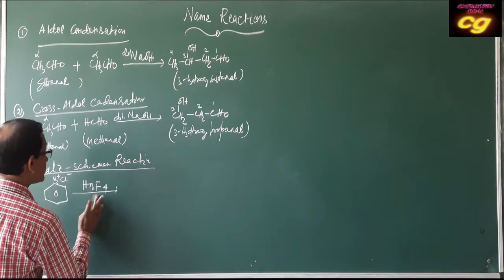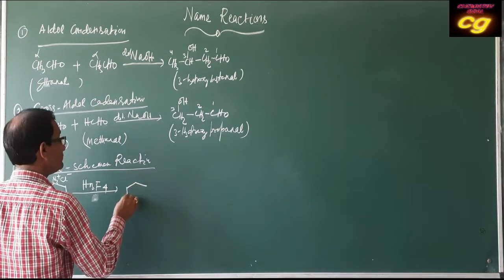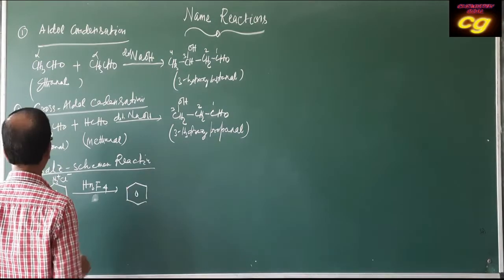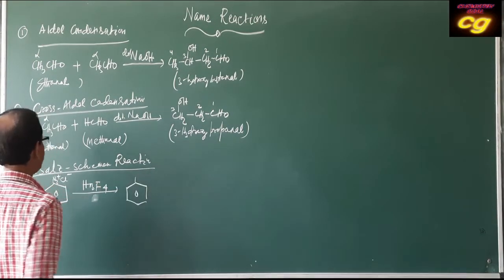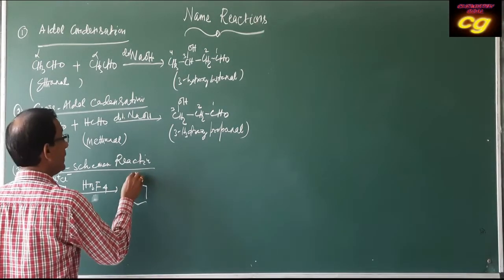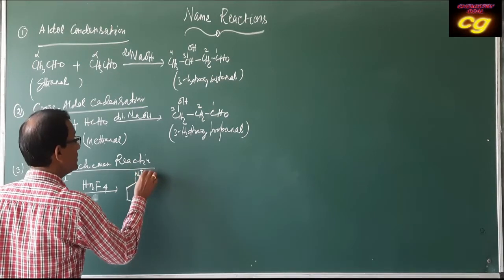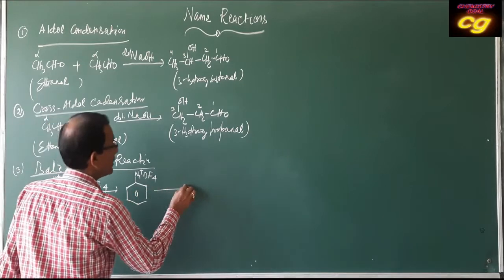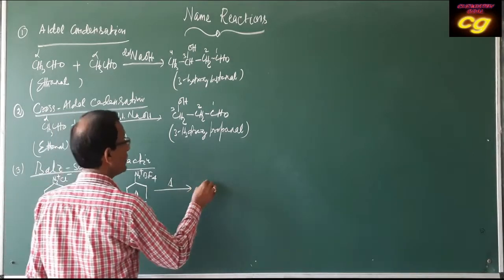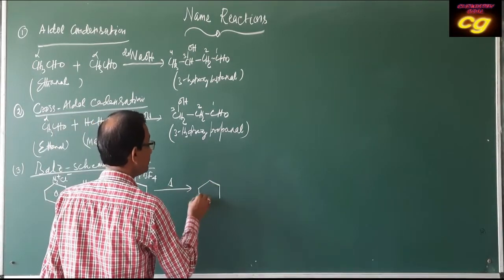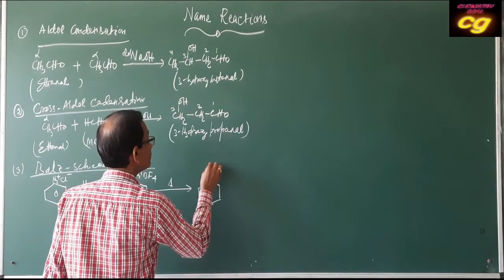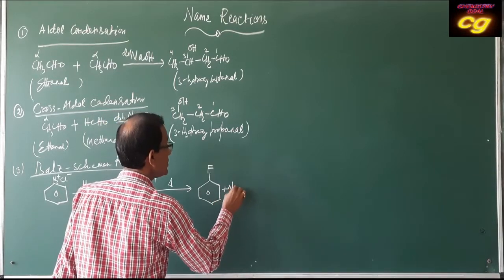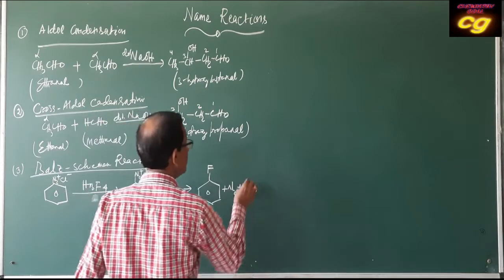First product is like this, C6H5N2+ BF4-, a substitution reaction. Then on heating it produces fluorobenzene plus nitrogen plus boron trifluoride.